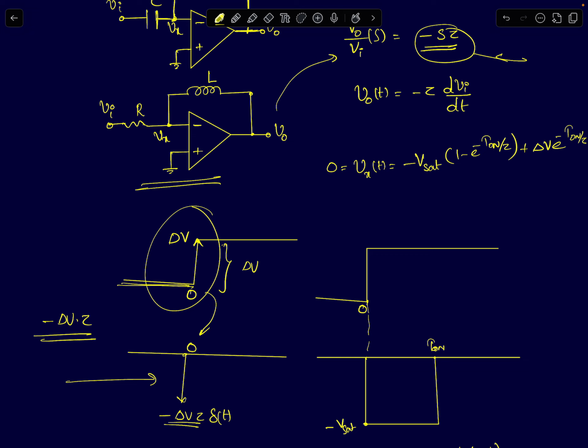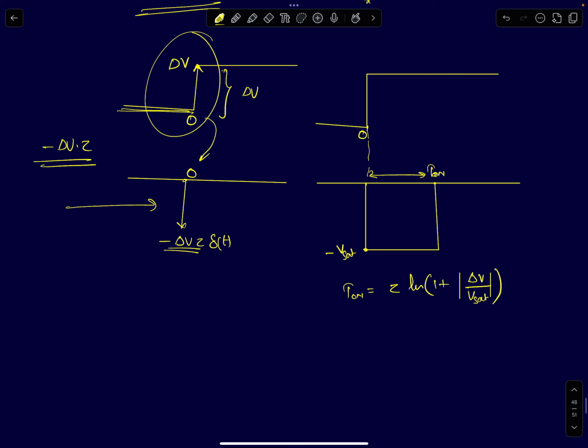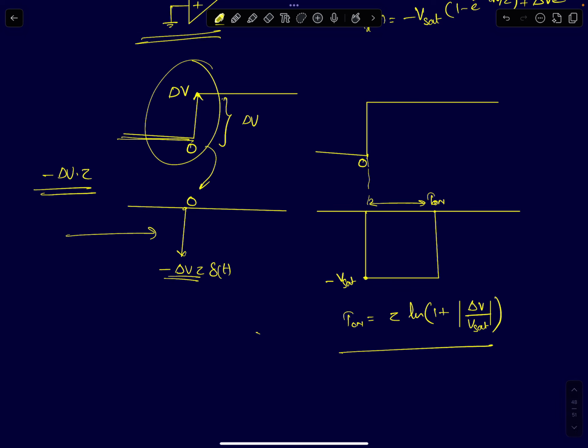But because your op-amp's output is saturated, what we in fact see in practice in the actual RC differentiator circuits is a negative pulse of duration t on seconds, and we derived a mathematical expression for t on for inverting differentiators as well.